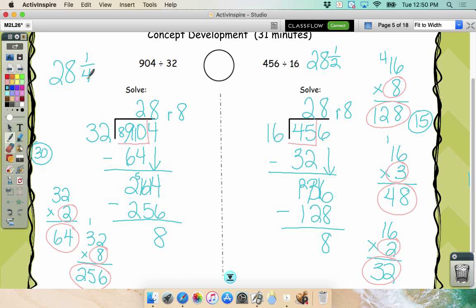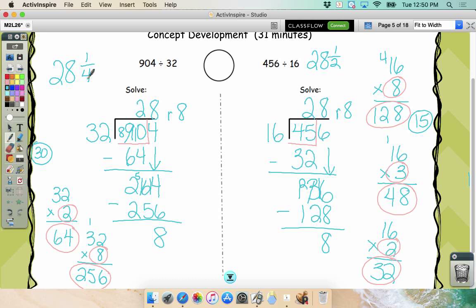Now can I figure out what these are as decimals? Well, I know what half is as a decimal. Do you? I sure hope so. It's 0.5. So 28 and a half would be 28.5. Okay? So I think you'll get this one as soon as I say it a different way. 28 1/4.